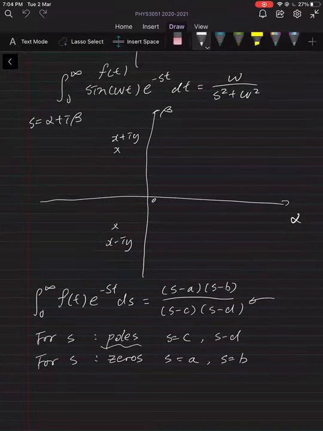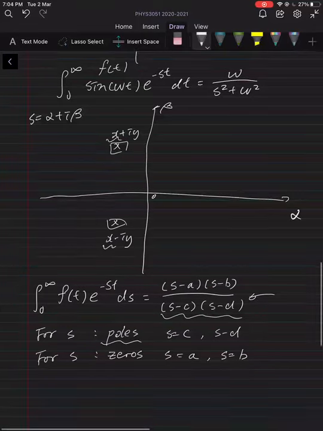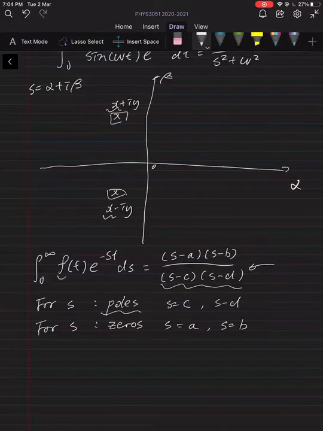So what you can learn from the pole here is, if the poles have some non-zero real component, then it means f of t, the time domain function, has some exponential decay component. And if the pole has some imaginary component, it means the function f of t has some oscillation component with frequency y.